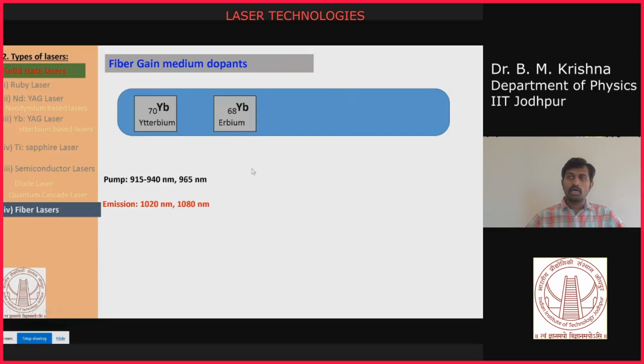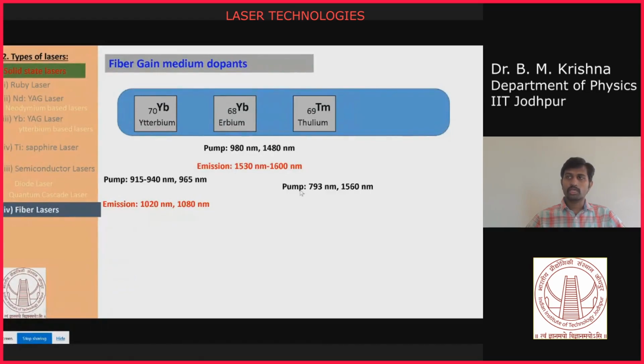And erbium, sorry, there is a spelling mistake here, it's Er, erbium, Er3+. The pumping wavelength is around 980 nanometers and 1480 nanometers. You will get emission wavelengths in 1530 to 1600 nanometers. And you can use thulium.